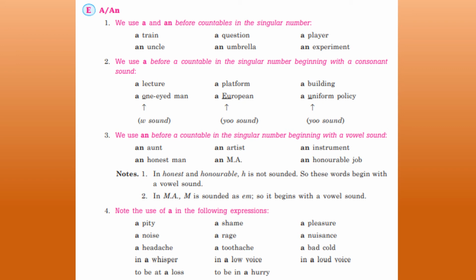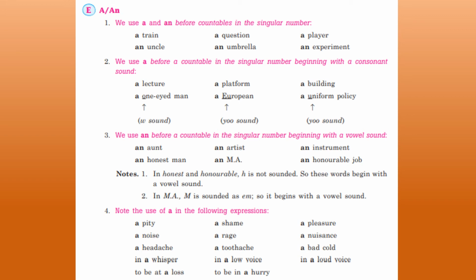So what are vowels? Vowels produce sound, like A, E, I, O, U. So they are vowels, and others are known as consonants. So wherever there is a consonant sound or the word starts with a consonant letter, there we have to use a, and elsewhere we have to use an.